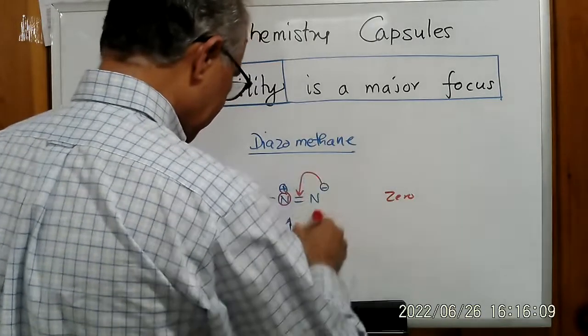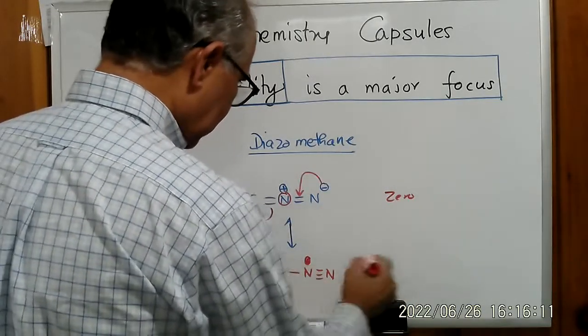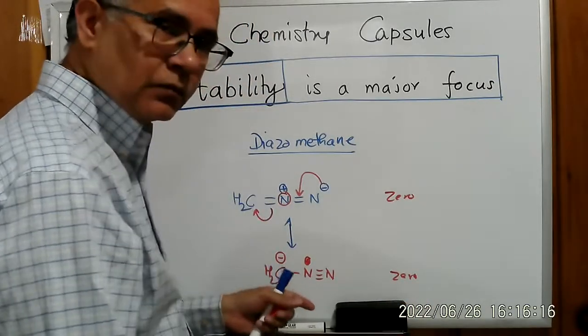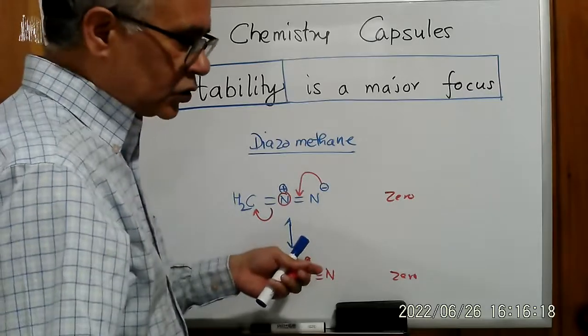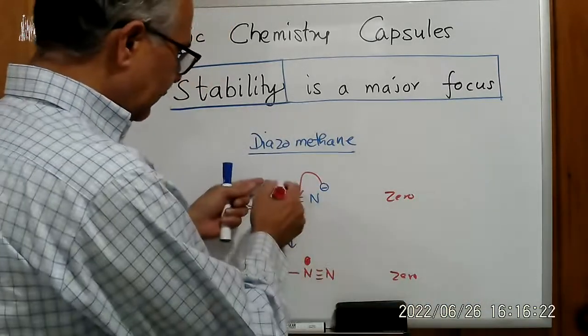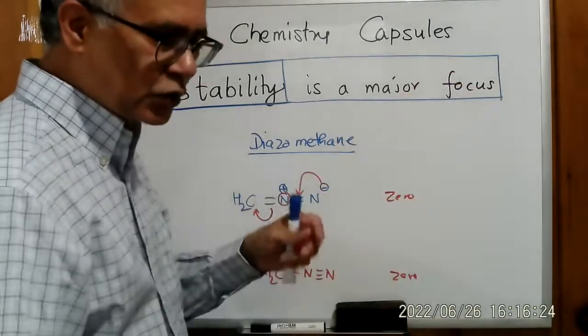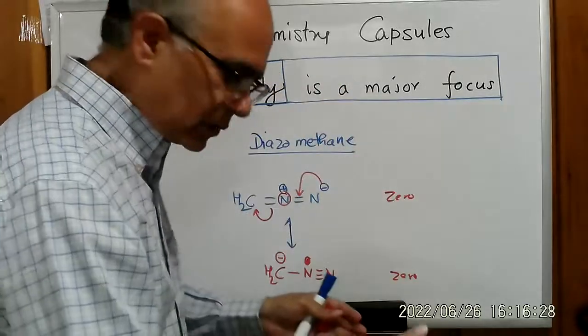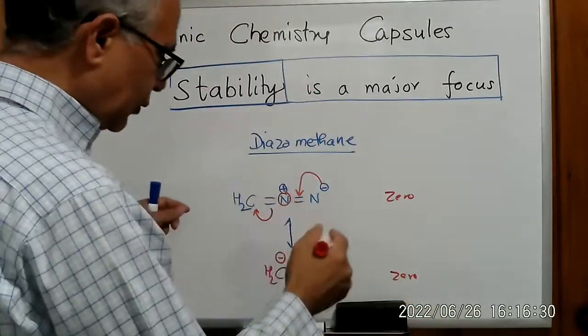There's one positive charge and one negative charge. The total charge is conserved, it's maintained at 0. Maybe in a different compound, you started with 1 plus and 1 minus, maybe you come up with 2 plus and 2 minus, but the total charge is 0, it's conserved. So that's another thing we must keep in mind.